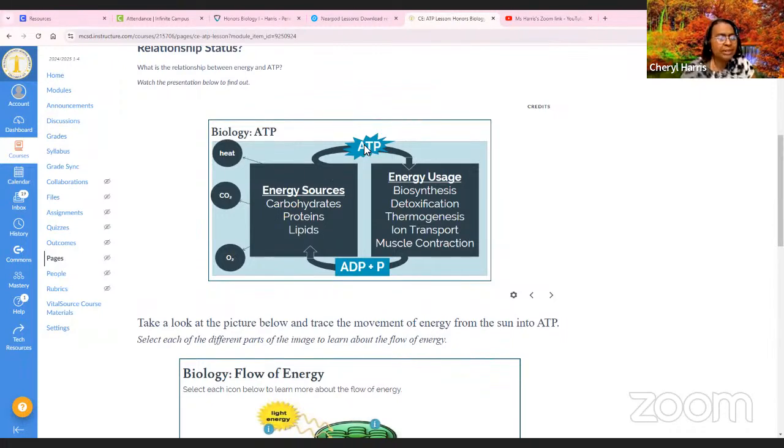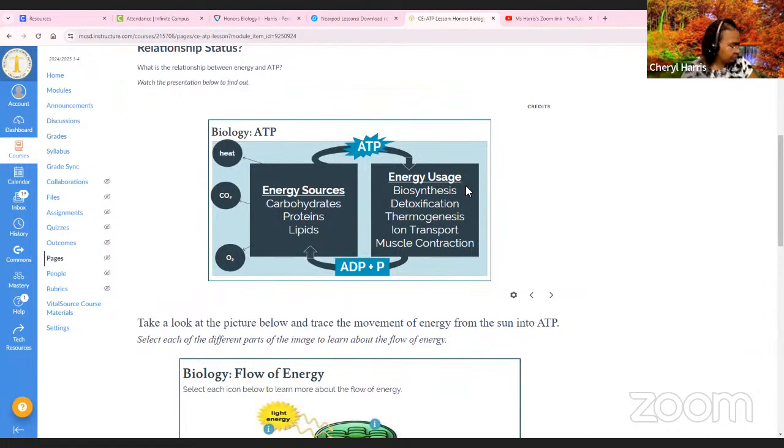But it also makes ATP. So notice at the top, the ATP is cycled into the next box, and then we use that energy. So the whole point of respiration was to make energy. Okay, so we create the ATP, and then we use it for all of these wonderful body processes.